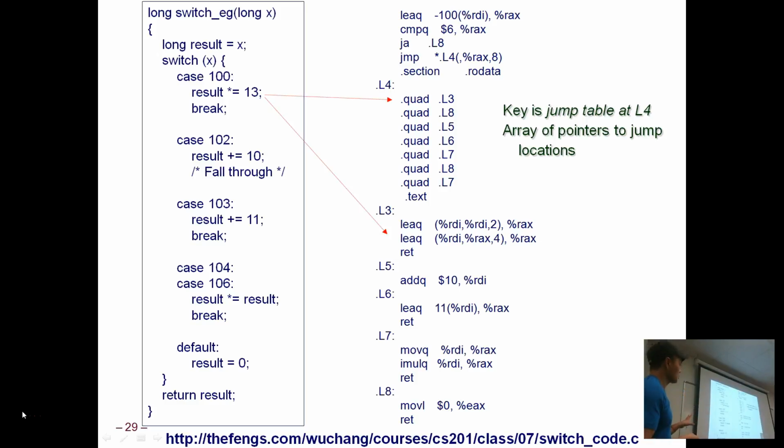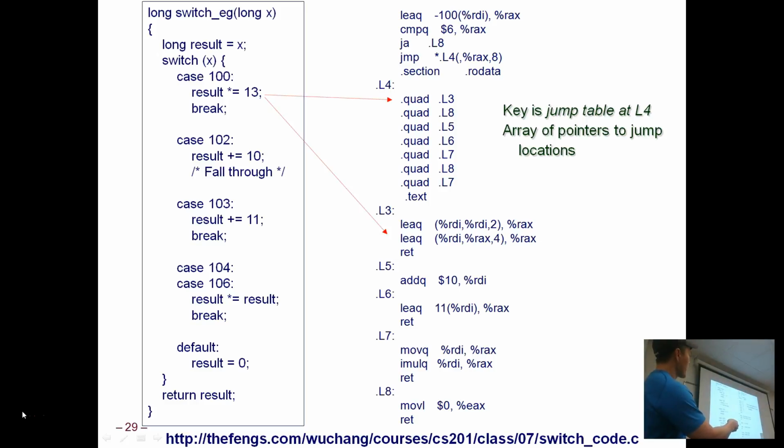Then what you're going to do is take what's left over. This was the index in RAX. You're going to use that index as an offset into this jump table. This jump table has a bunch of pointers to code, and each one of those pointers is 8 bytes. That's why this is 8 times the index.